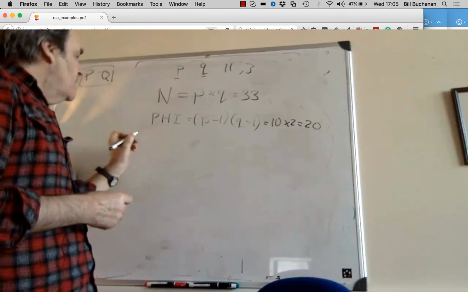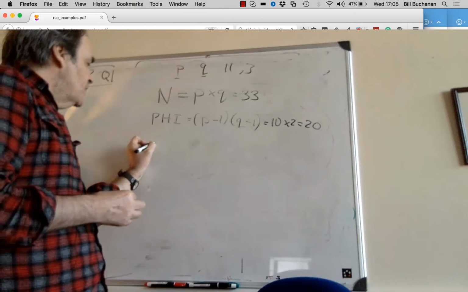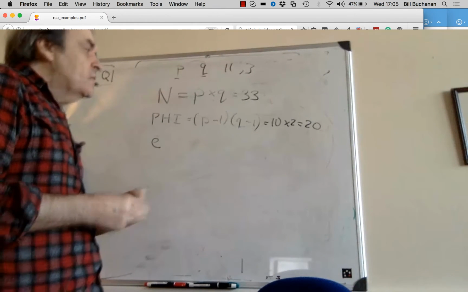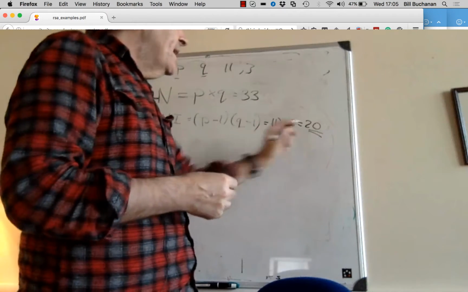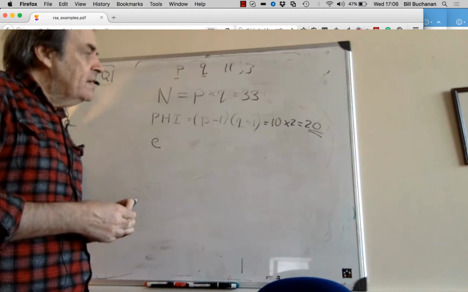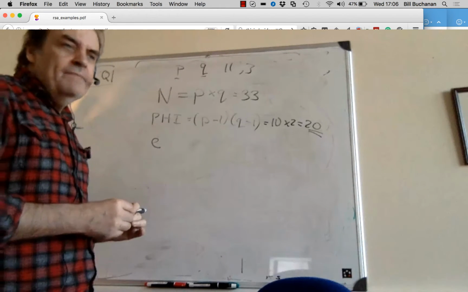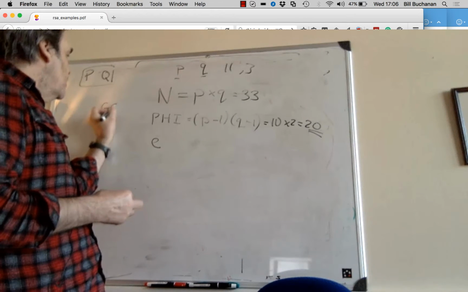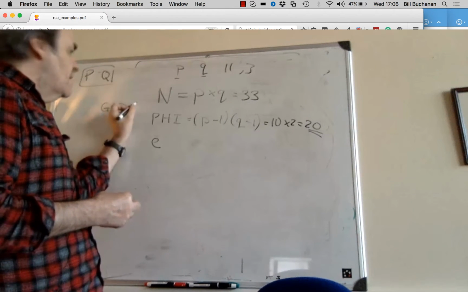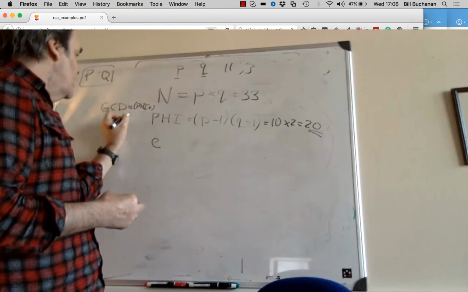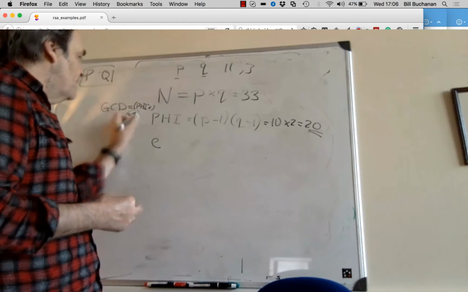What we must do now is find a value of E which does not share any common factor with phi. We write this as the greatest common divisor of phi and E is equal to 1.